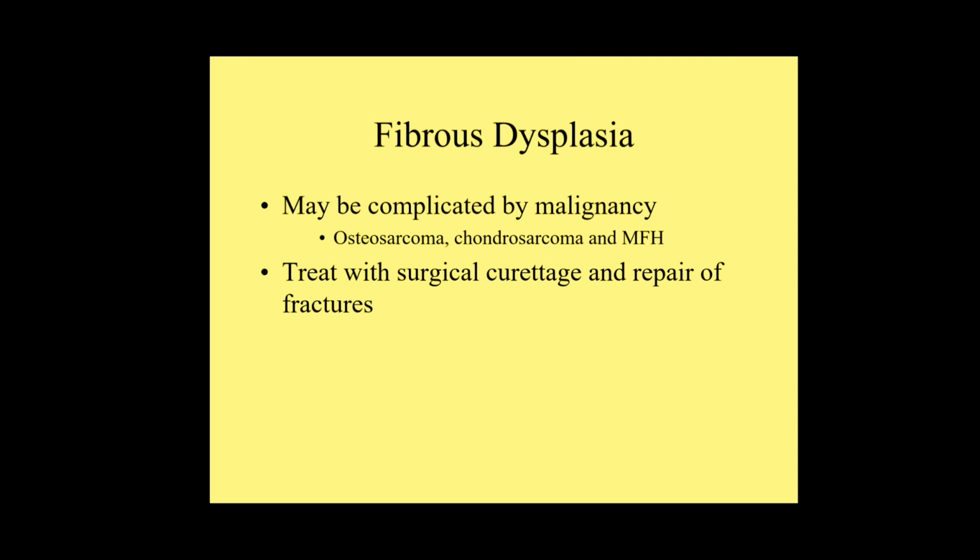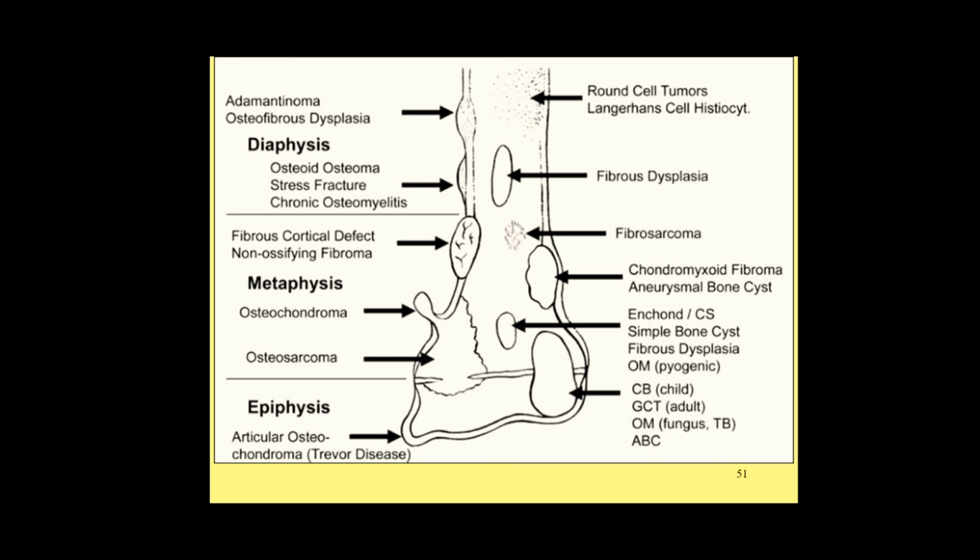Fibrous dysplasia might be complicated by malignancy, mostly sarcomas. So it can convert into osteosarcoma, chondrosarcoma, or malignant fibrous histiocytoma. Treatment is usually surgical curettage and repair of the fracture.